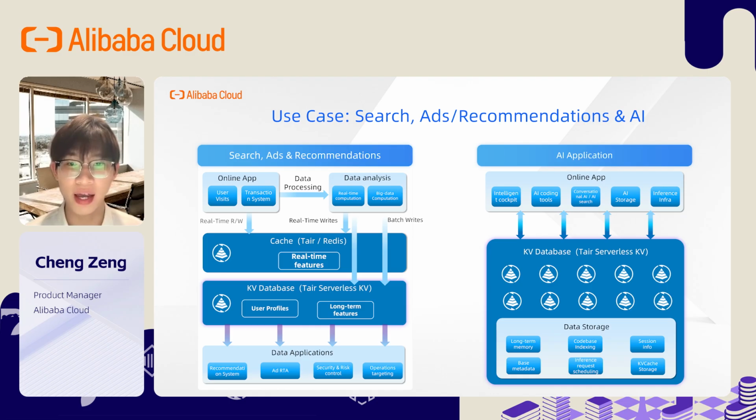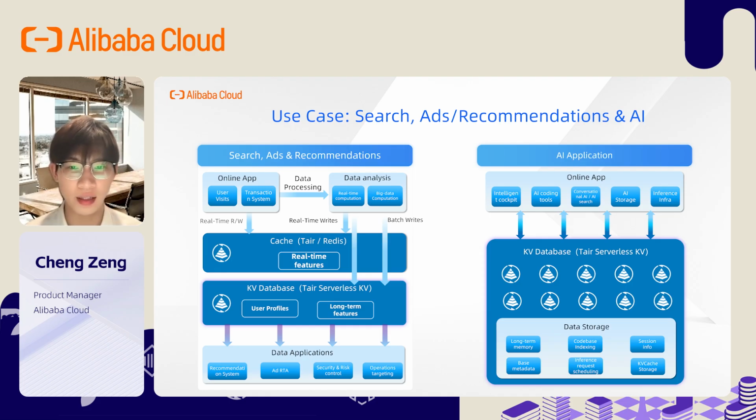And also for AI scenarios, the massive amount of data generated is almost unstructured KV data. At the same time, AI workloads have more diverse storage requirements. They need low latency session storage, long-term memory, code-based indexing, inference scheduling, and KV cache to support inference performance.